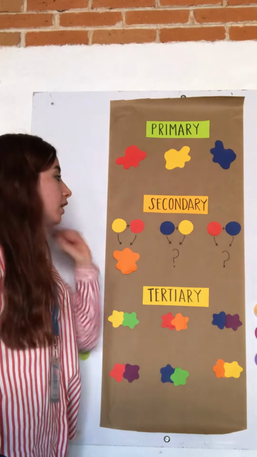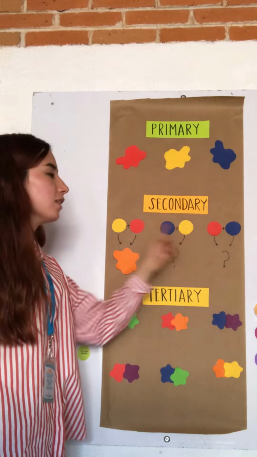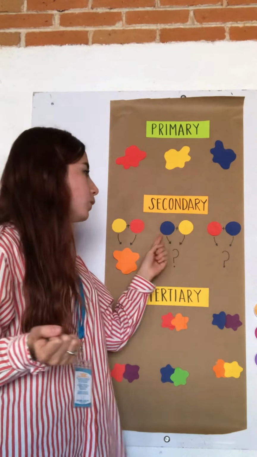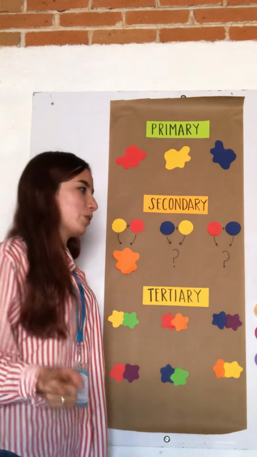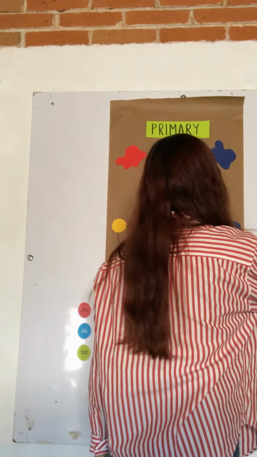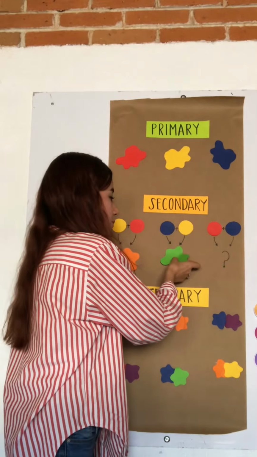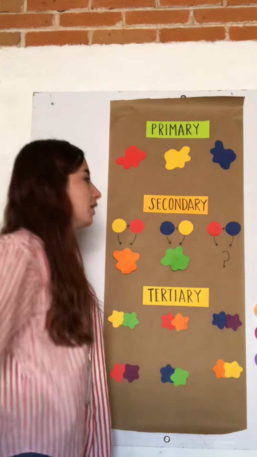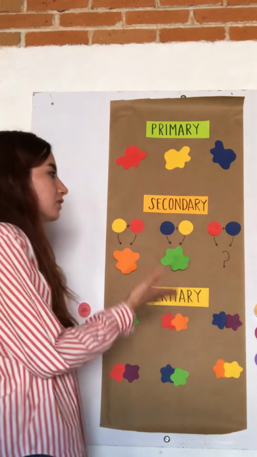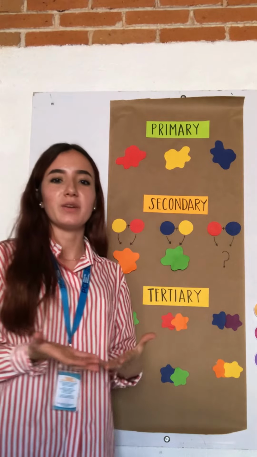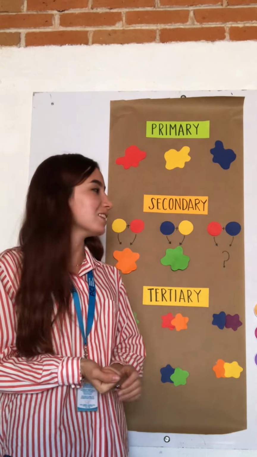So this is our first color. Then we have blue and yellow. Which color do you think that we are going to obtain by blue and yellow? Green. Green is the next secondary color. So we are going to place it right here. And then we have the last color. We have red and blue. Which color do you think that we are going to obtain by this combination? Yes, we obtain purple.